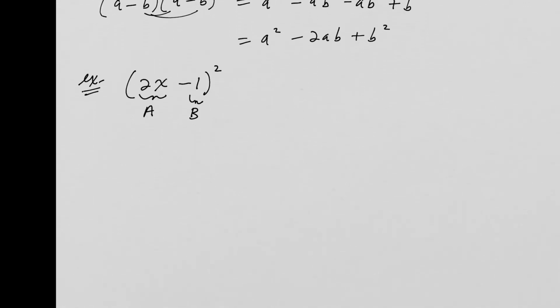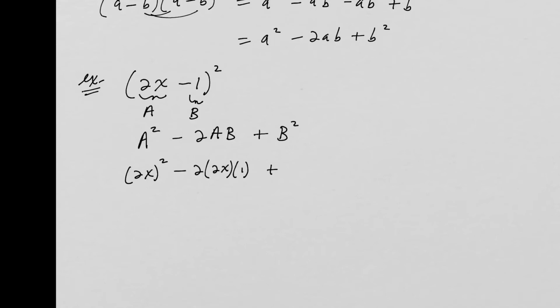I have a squared minus 2ab plus b squared. So a is 2x. So this is (2x) squared minus 2 times 2x times 1 plus 1 squared.